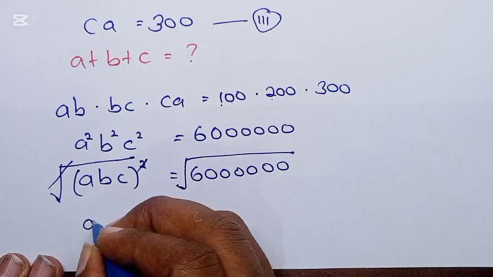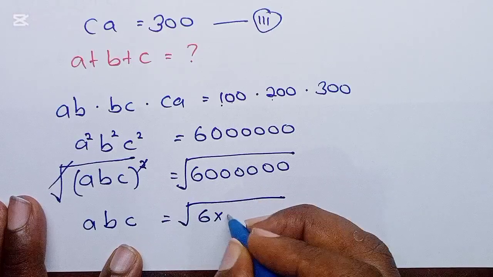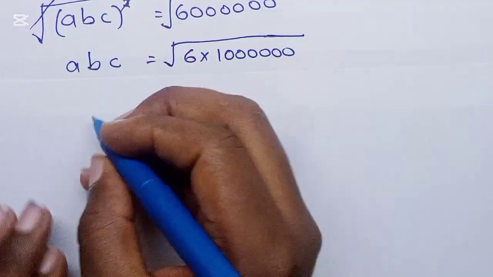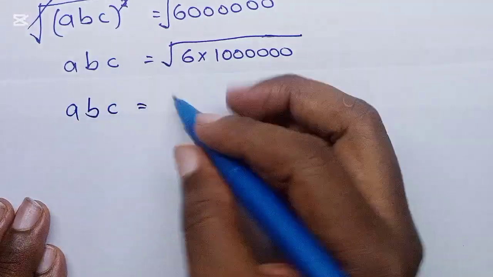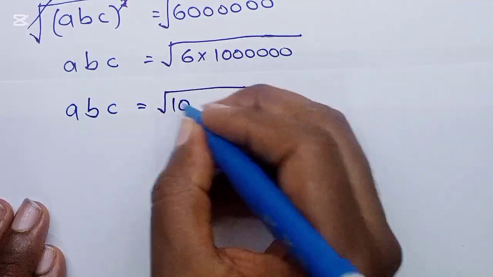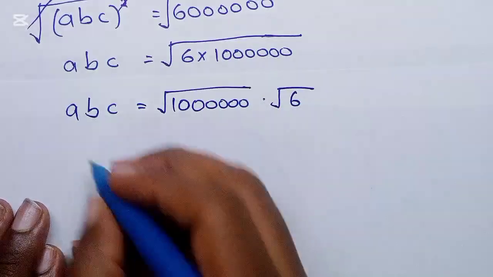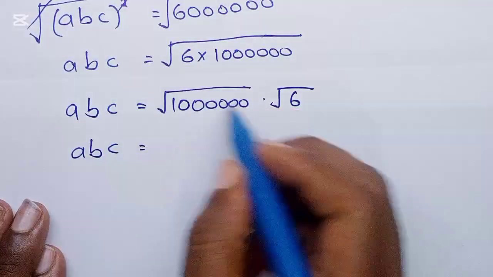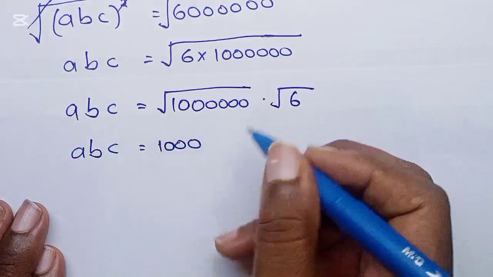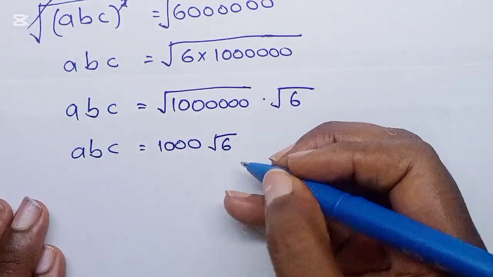So A, B, C is equals to the square root of this, which is the same as square root of 6 times square root of 1 followed by 6 zeros. The square root of this is 1000, so we shall have 1000 root 6.